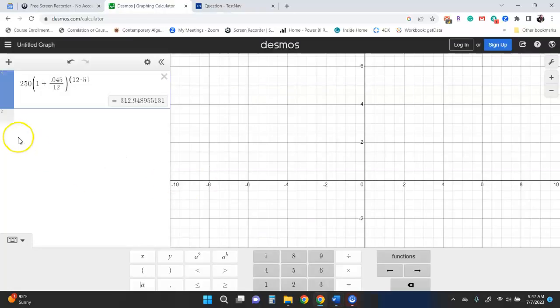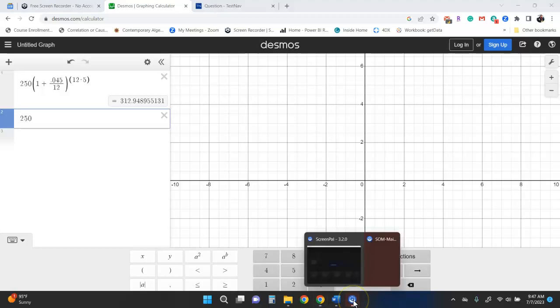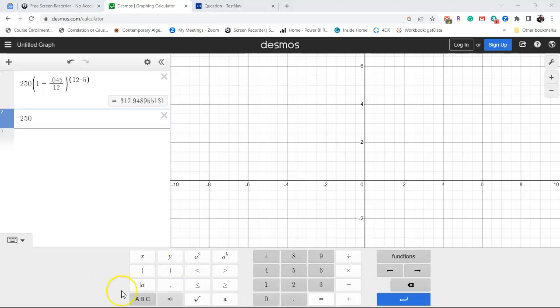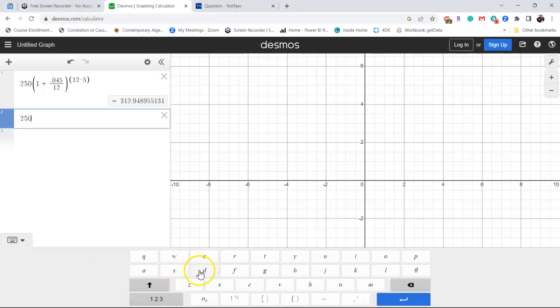So in Desmos, we have 250, and I'm going to go to my letters, and I'm going to type just the letter e, and it automatically knows. Notice that it gave me a dollar amount right away, so it knows.